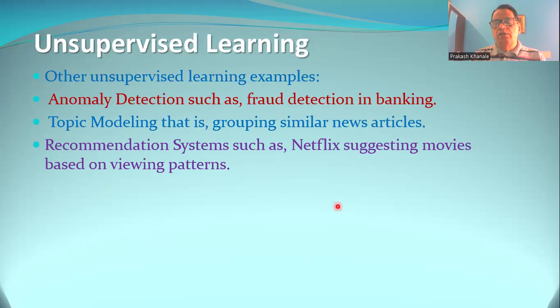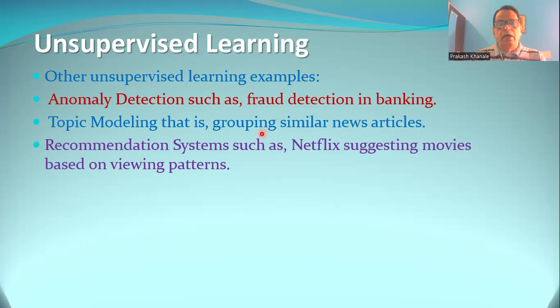There are several other examples of unsupervised machine learning. For example, whenever we want to detect an anomaly such as fraud in banking. Suppose some banking transactions are there, and if some abrupt transaction takes place, then that can be detected as a fraud.